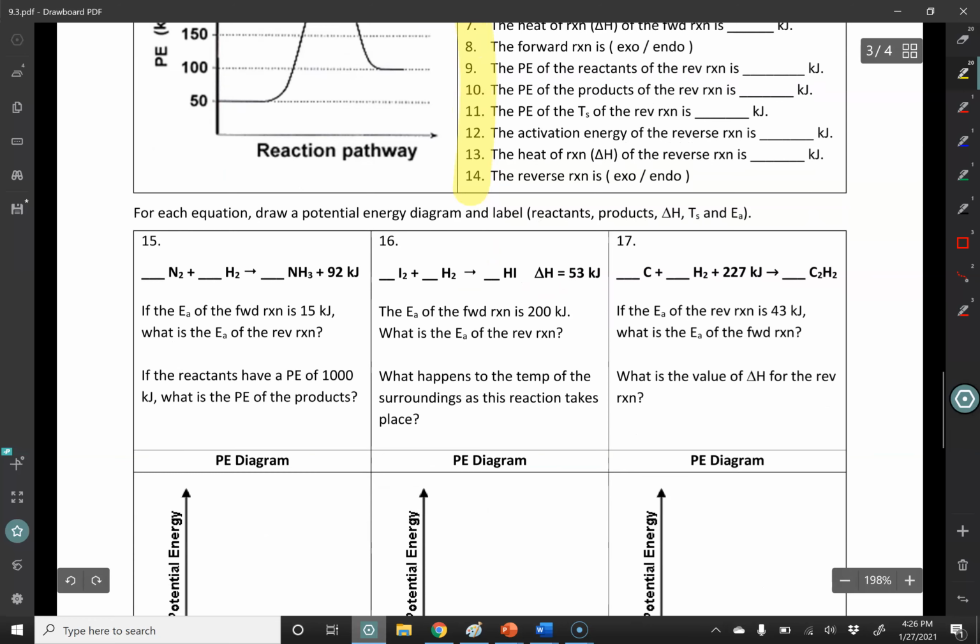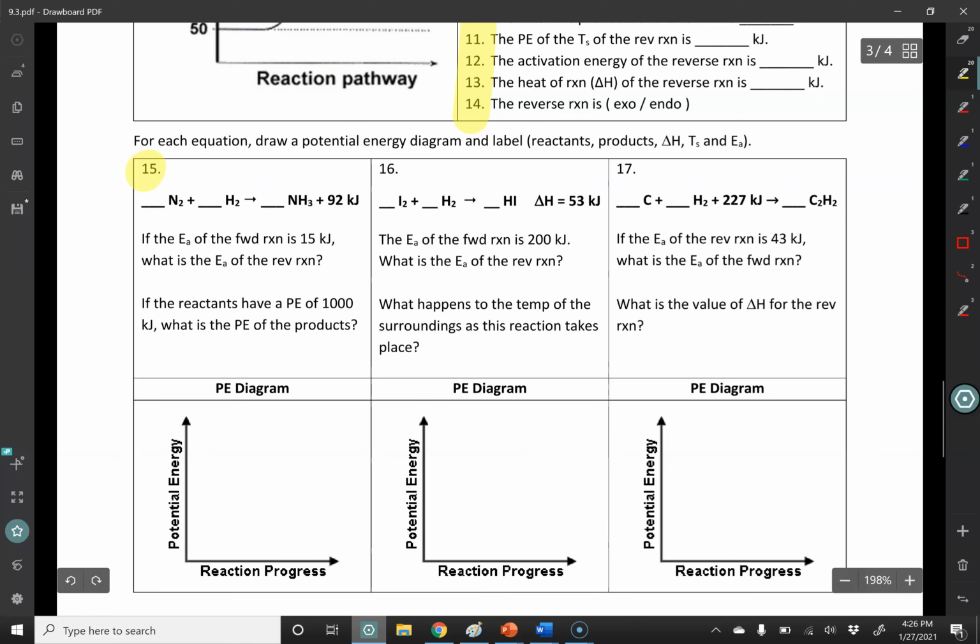I want to focus on what I think are some of the more involved questions, something like question 15. For each equation, draw a potential energy diagram and label. So that means reactants, products, delta H, T sub S, and E sub A. I've noticed in my years of teaching, most students want to skip this part, drawing the PE diagram, but that's really the key to being able to answer these sorts of questions.